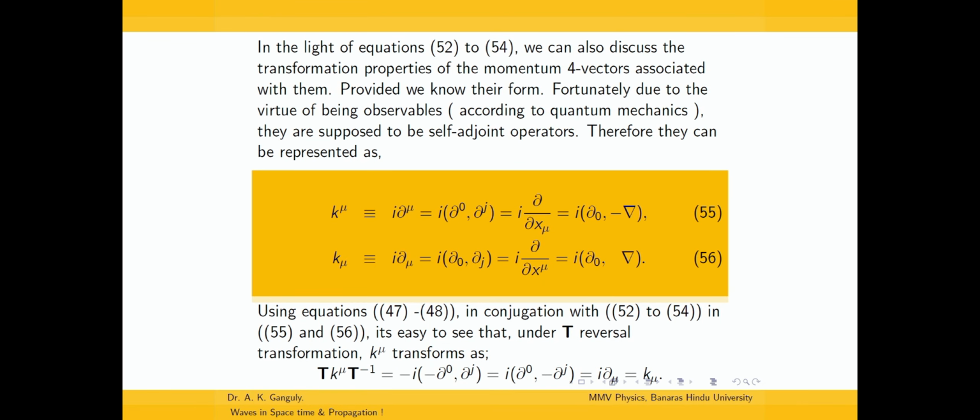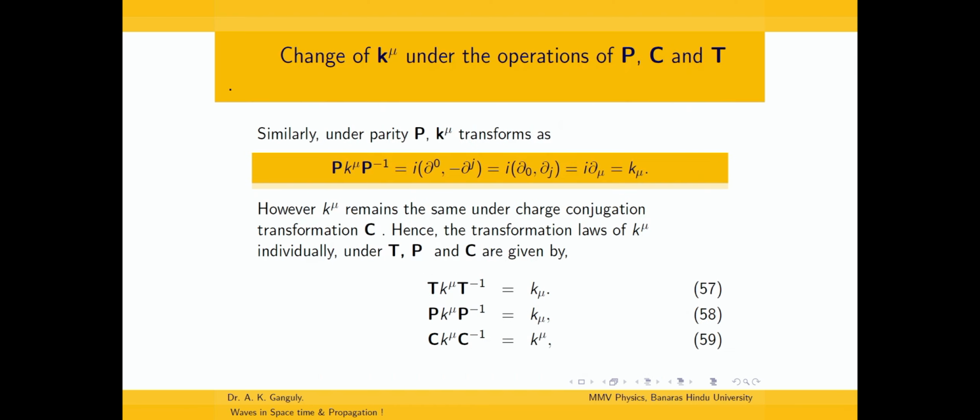There are two more transformations we are left with as far as the wave vector k mu is concerned, and they are under parity and charge conjugation. Under parity, the argument goes almost parallel to the one we have provided so far for the temporal one.